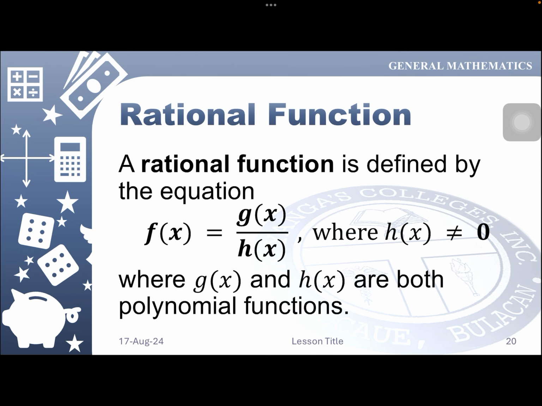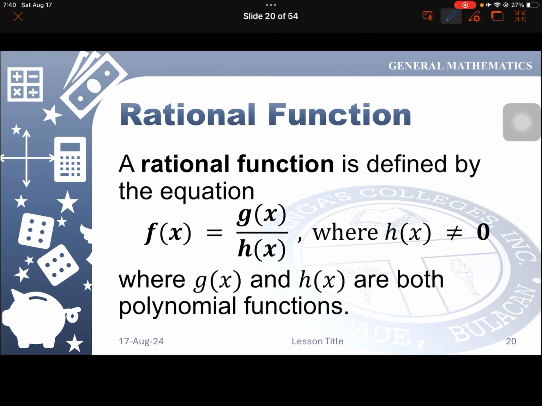So, next, rational function. So rational function is defined by this equation. We have f of x is equal to g of x over h of x, where h of x is not equal to 0. So basically what this is saying is f of x is just a fraction of polynomial functions.